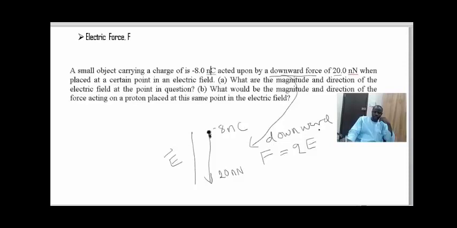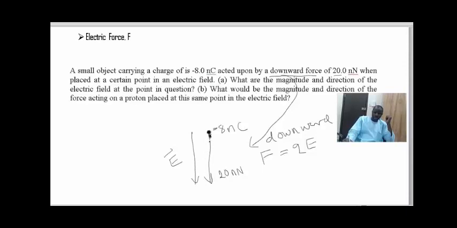If this force is downward, it means our electric field should be such that the force is pulling this down.